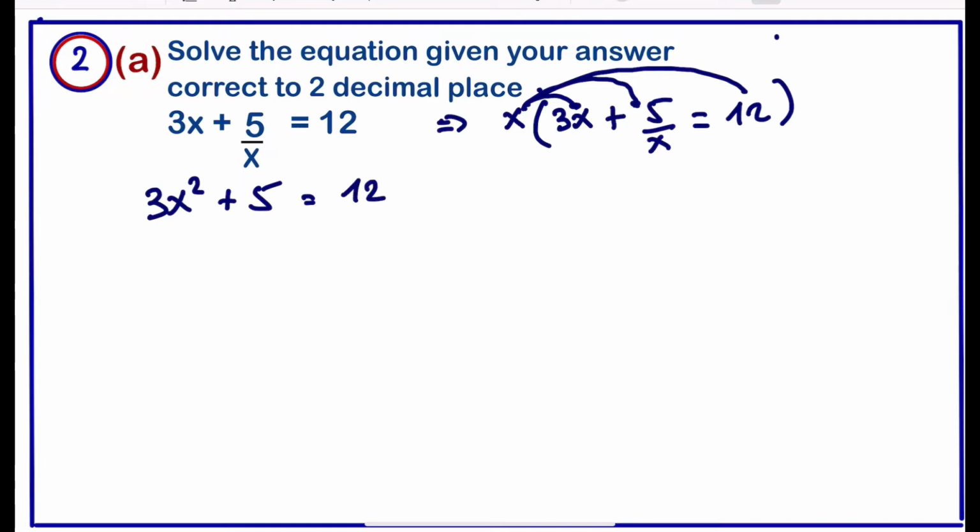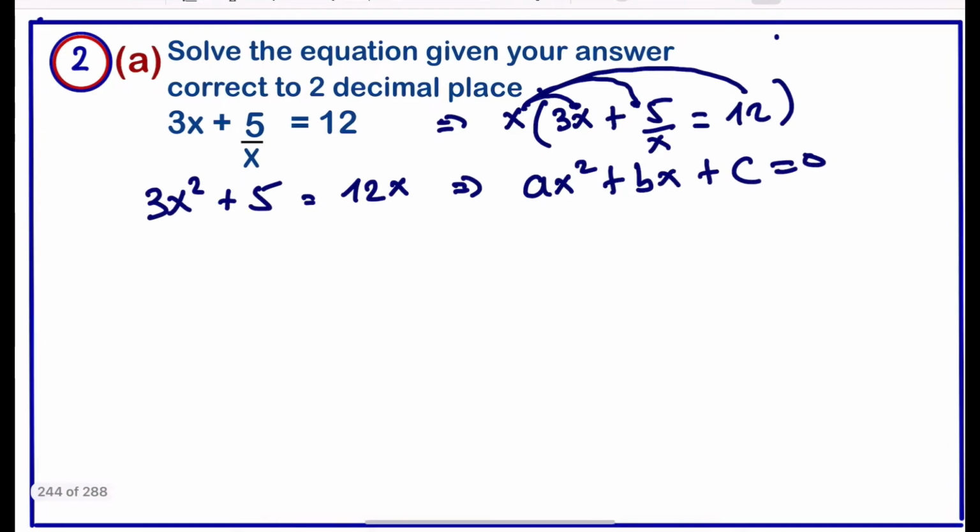Now to arrange this in the form of a quadratic equation, we know that the quadratic equation is in the form ax squared plus bx plus c equals to 0. So we are going to bring this in here so that the equation is equal to 0. So this can be the sum of 3x squared plus 5 minus 12x equals to 0.